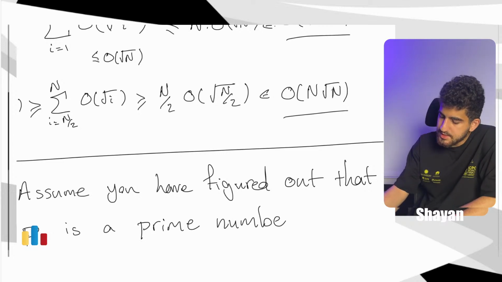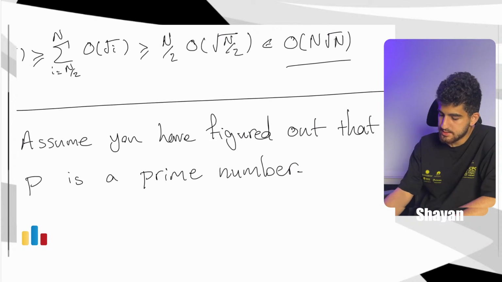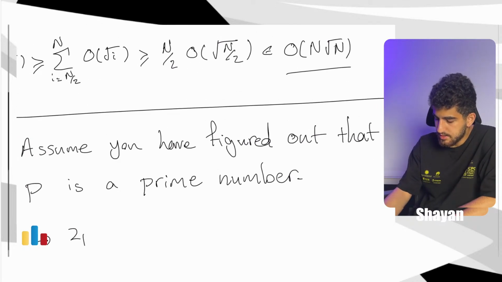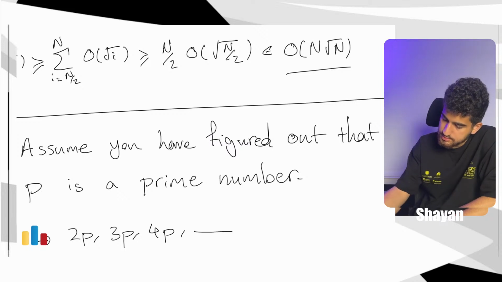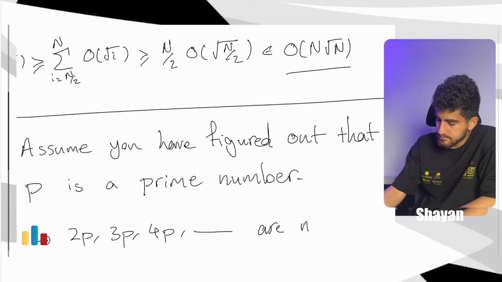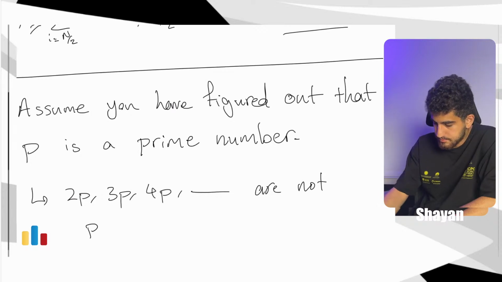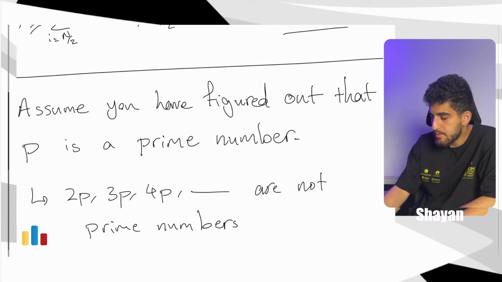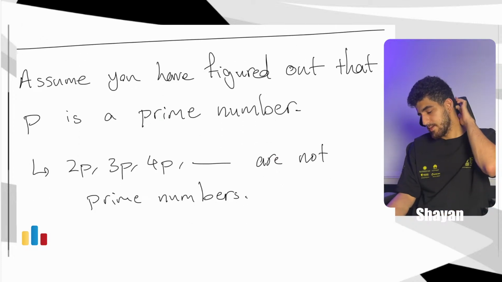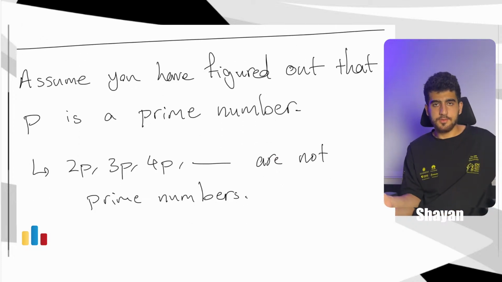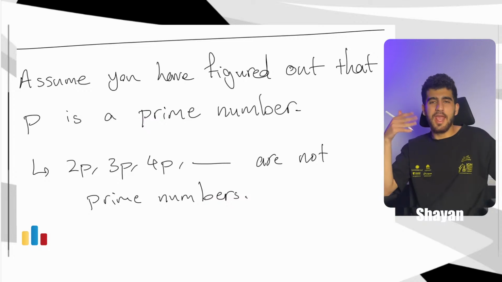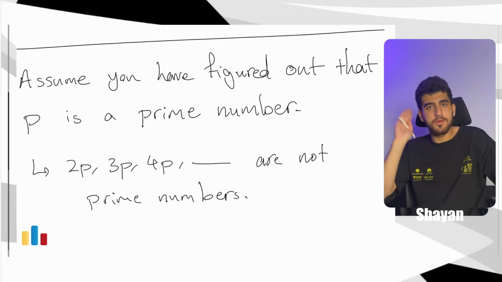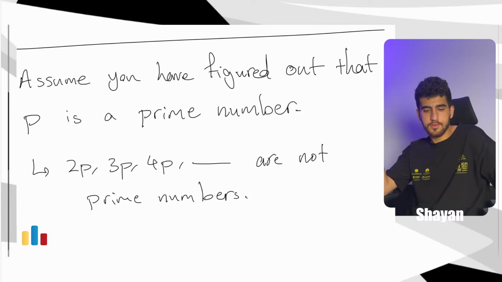Well, it definitely means that 2p, 3p, 4p, and so on are not prime numbers. Not only is it true for prime numbers p, but also for any p greater than 1, you are sure that 2p, 3p, 4p, 5p are not prime anymore.